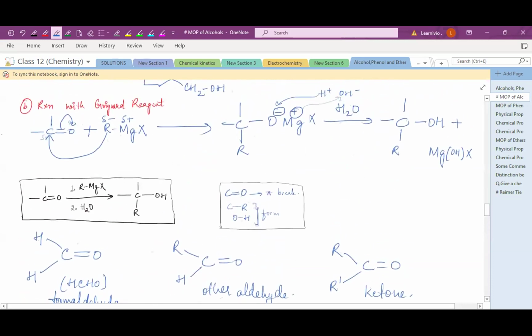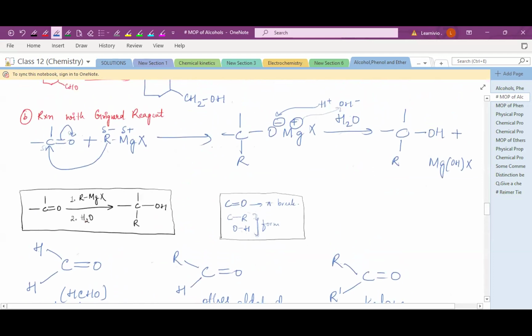But first, let's write down the whole mechanism of the reaction with Grignard reagent. This is again a two-step mechanism. The first step is the reaction with the Grignard reagent, and the second step is the hydrolysis. Just keep this in your mind: carbon double bond oxygen.